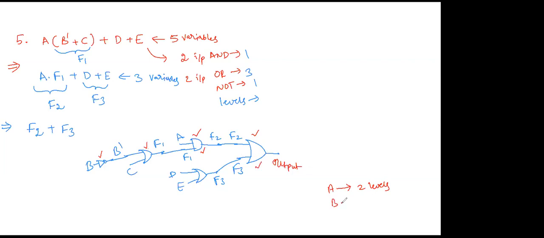So B is having 4 levels. Like this, you need to check each one. C will have 3 levels, D and E combinedly having 2 levels. So we need to consider the highest levels. So 4 levels. So this internal diagram is having 4 levels. This is the first level, second level, third level, fourth level.